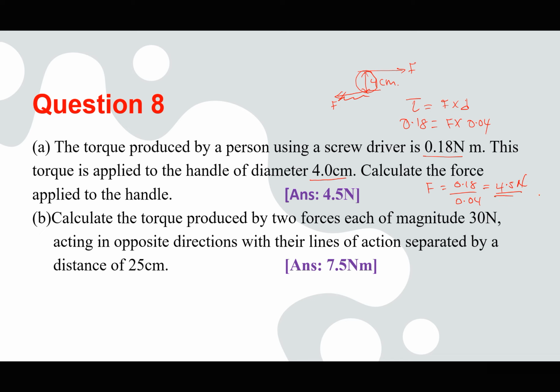Calculate the torque produced by two forces, each of magnitude 30 newtons, acting in opposite directions with their lines of action separated by a distance of 25 centimeters. So now this is a couple. The first one is not a couple, this is a couple. So the moment or the torque of a couple is the product of one of the forces times the perpendicular distance between them.